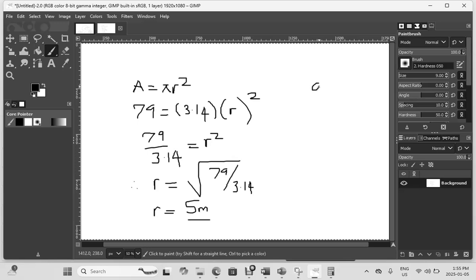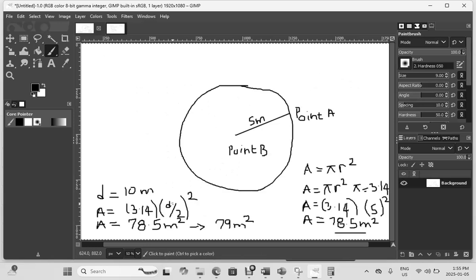Which means your diameter will be 2 times the radius, which will be 10 meters. You can go back over here to check what your radius and your diameter was for this particular circle with point A and point B. This will be to verify your answer.